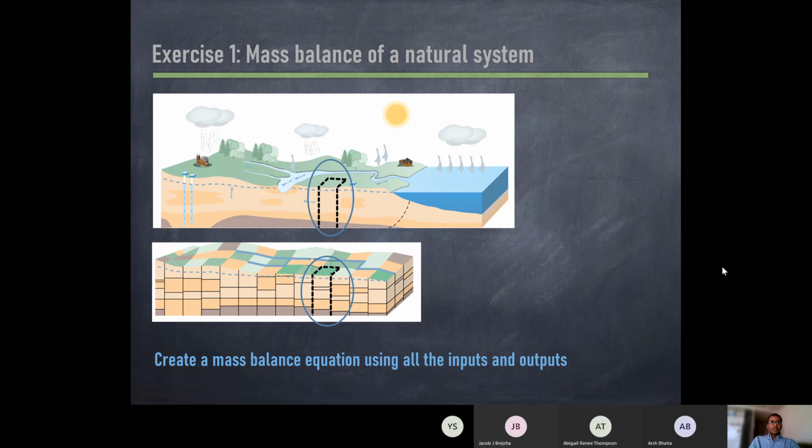Okay, so I have a question. The illustration is over there, and I'm going to go back to my presentation so that you can see that as well. Then spend a couple of minutes and think about all the inputs and outputs, and create a mass balance equation.